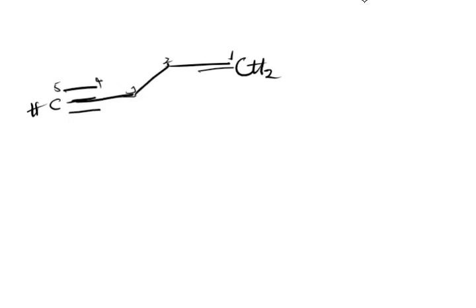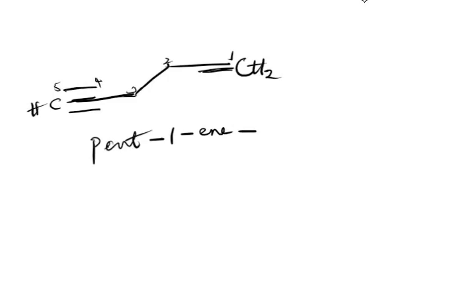This is a 5-carbon structure. So the saturated analog is that of a pentane. So you can see the ene in here. At carbon 1 I have a double bond, pent-1-ene.